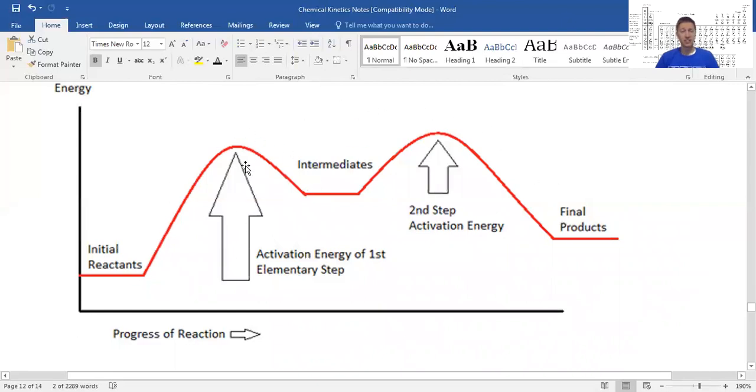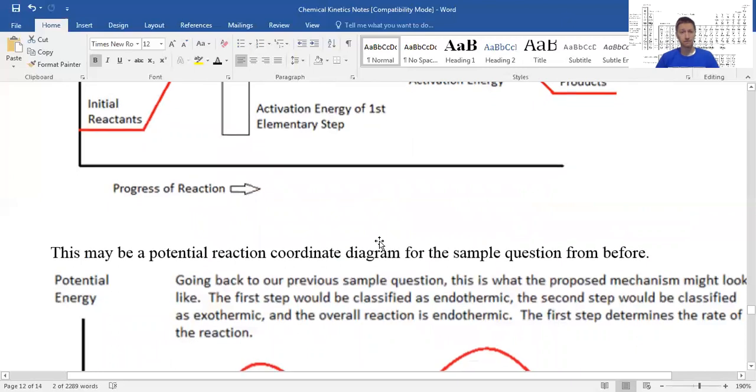The size of the hill will dictate how much energy it takes to get over that and how fast it is. So looking at this one here, to complete our first step, it's a really big hill. This would be considered our slow step, which would be the rate determining step. This one, the hill isn't quite as tall, so it's a faster step. They have their own individual activation energies along the way.